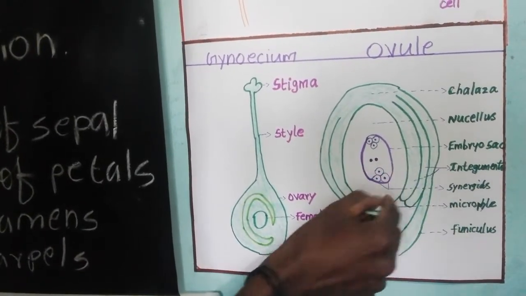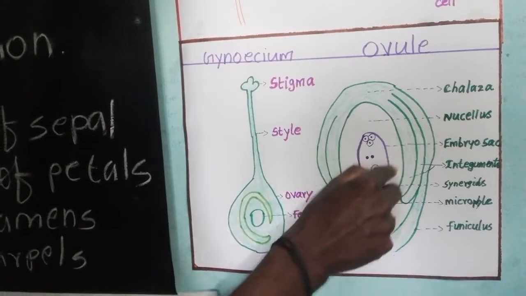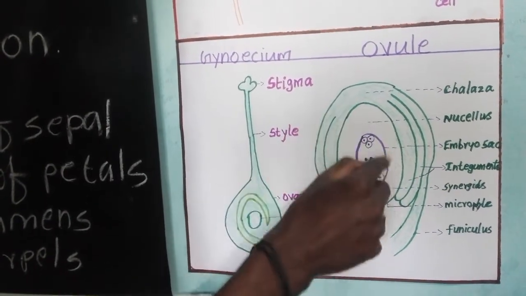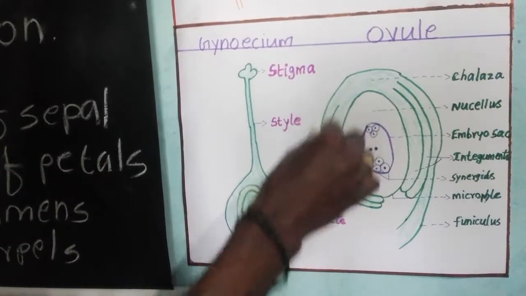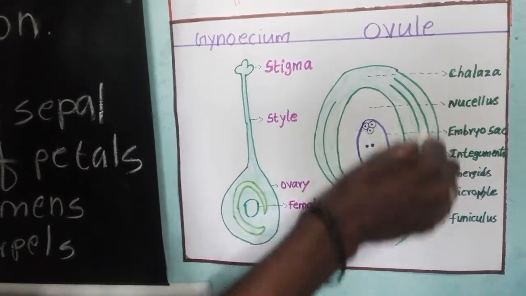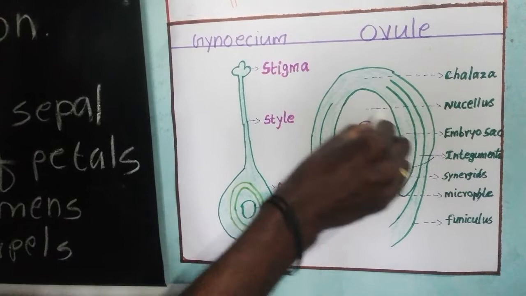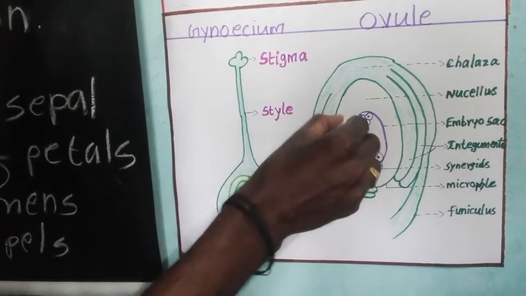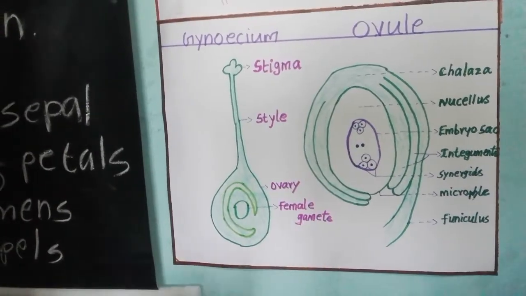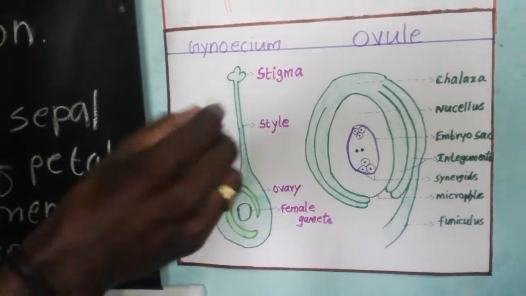Around the nucellus there are two layers of integuments, and inside is the round embryo sac. Inside the embryo sac there are 7 cells and 8 nuclei.